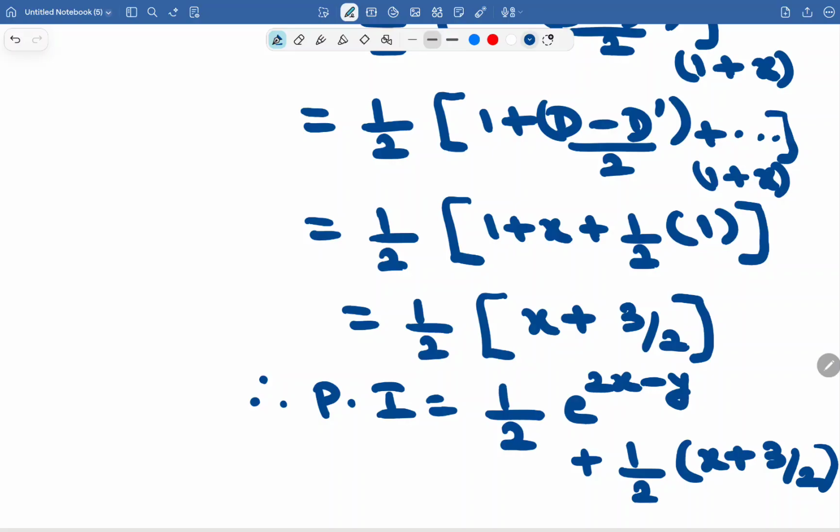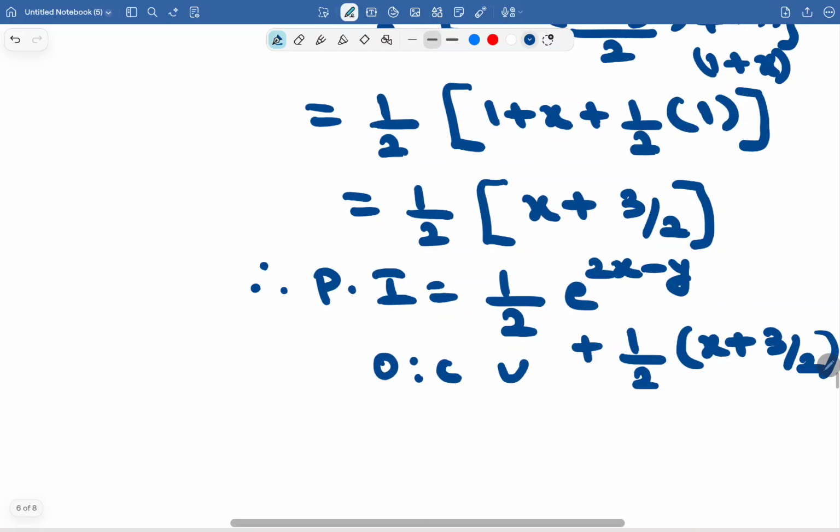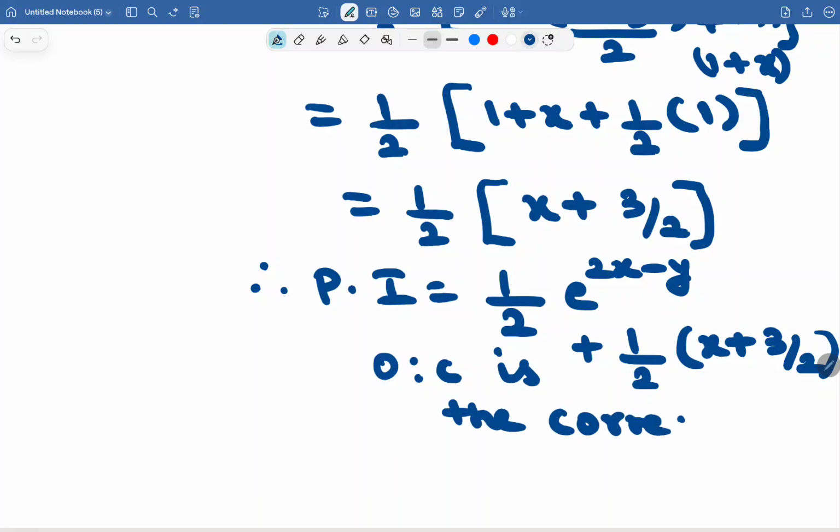For this problem, the answer is 1/2 e^(2x−y) + 1/2 x + 3/2. Option C is the correct option.